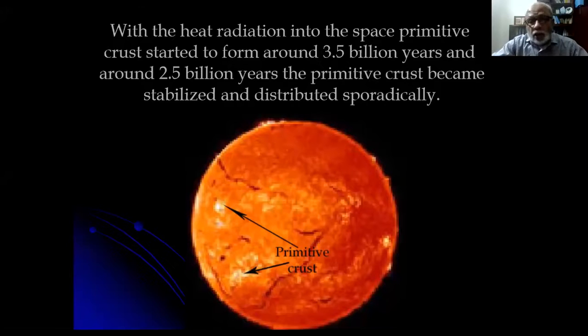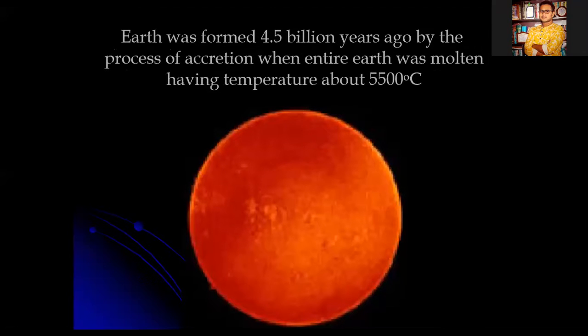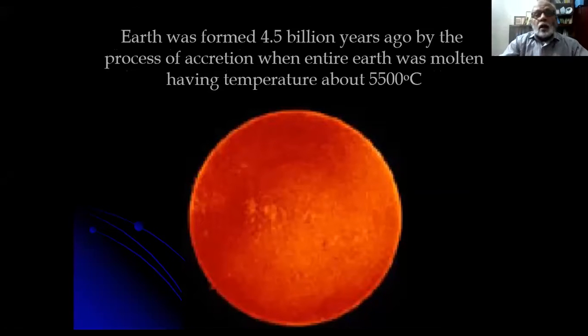Yes, sir. Okay. So as I was talking, this Earth was formed about 4.5 billion years ago by the process of accretion, when the entire Earth was molten, having a temperature of about 5,500.